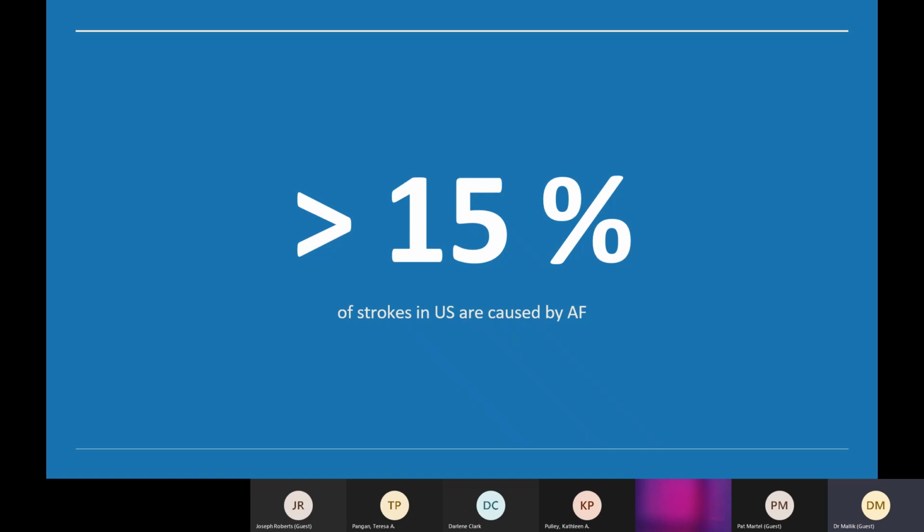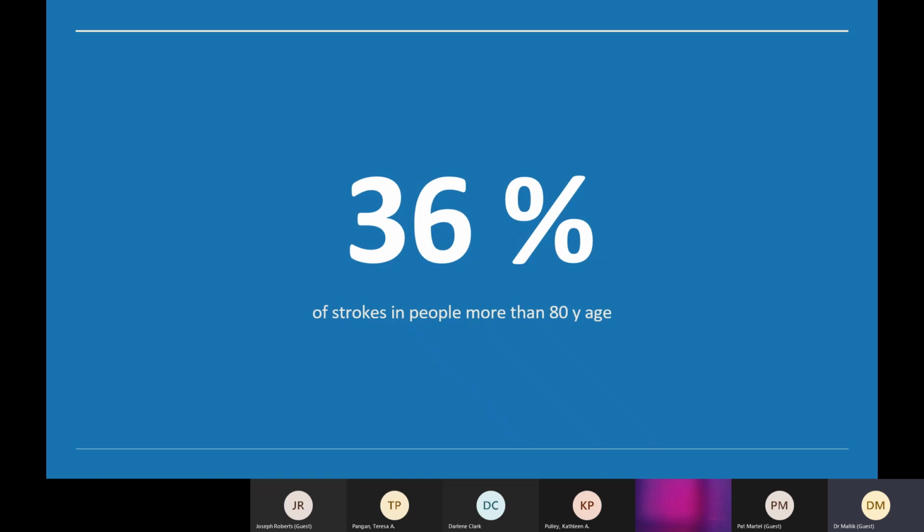Atrial fibrillation is a very big cause of strokes all across the world. In the US, more than 15% of strokes are caused by atrial fibrillation. And as we grow older, that percent goes up even higher. 1 in 3 strokes in people older than 80 are caused by atrial fibrillation.